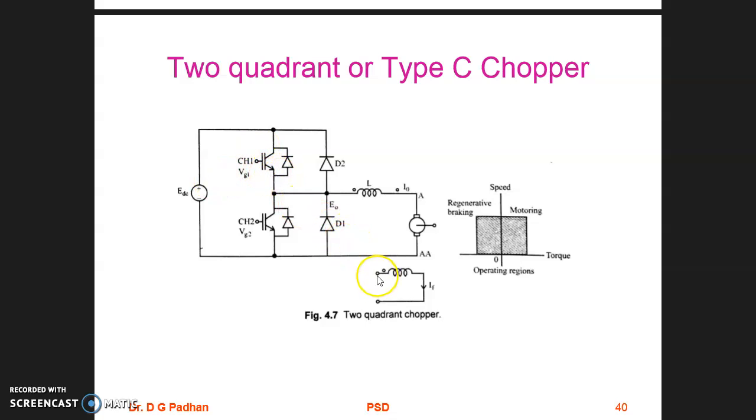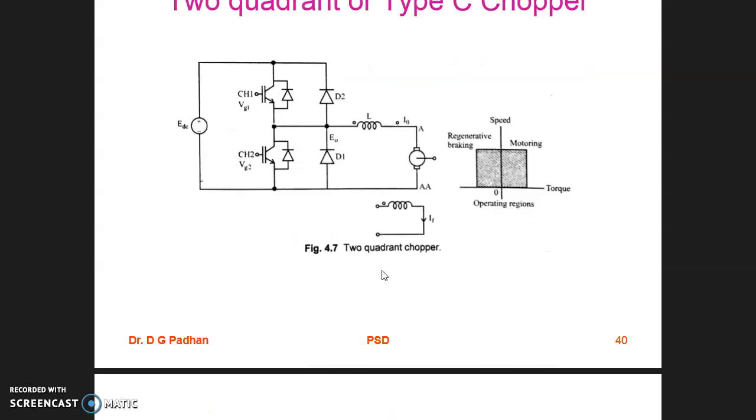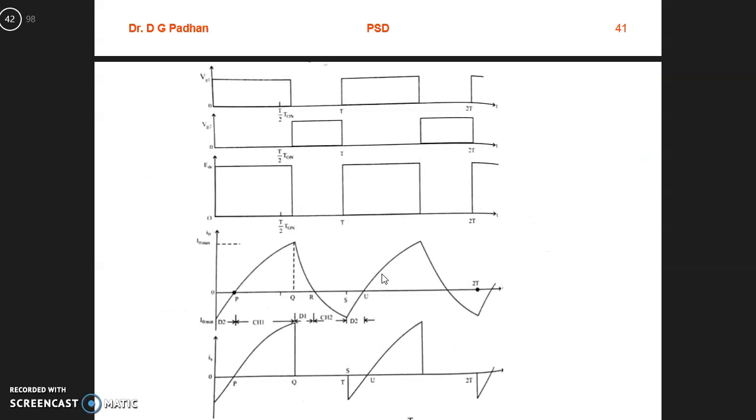Next we will see the waveforms in the next slide. These are the waveforms for the two time periods, T on and T off, of the chopper.